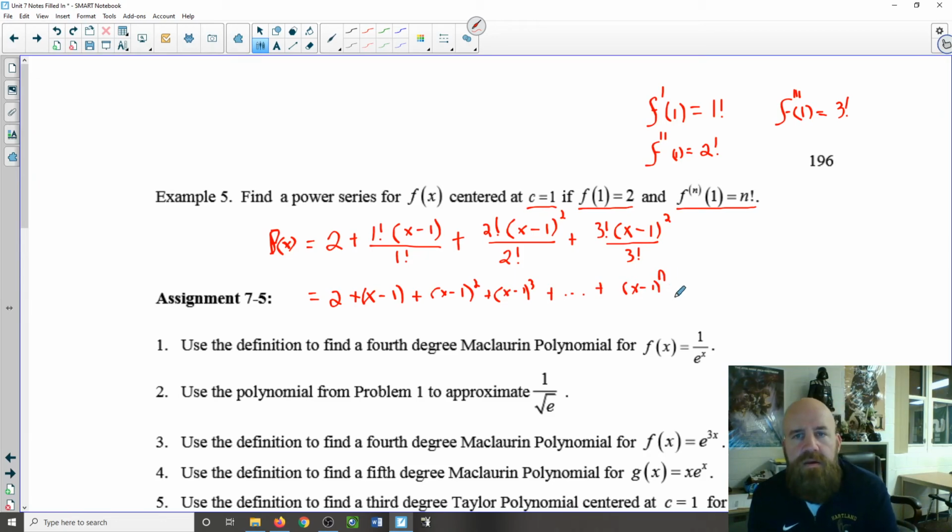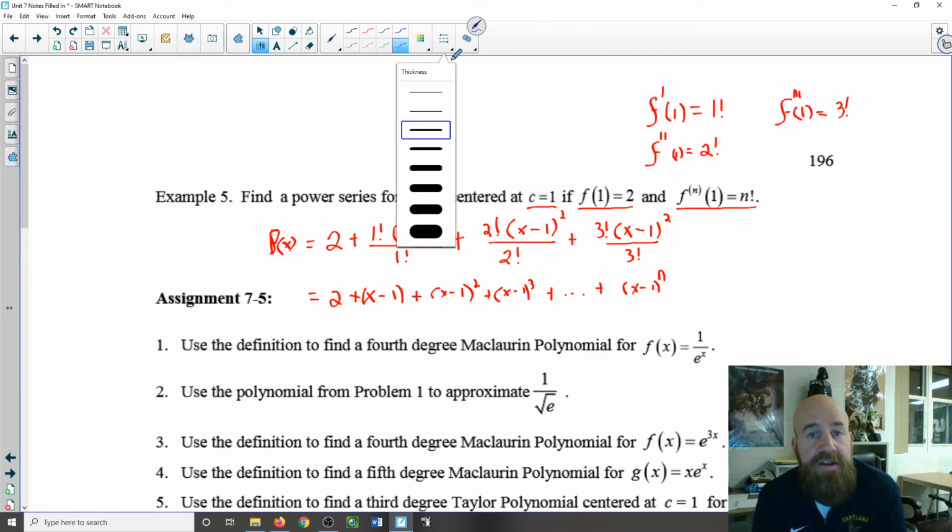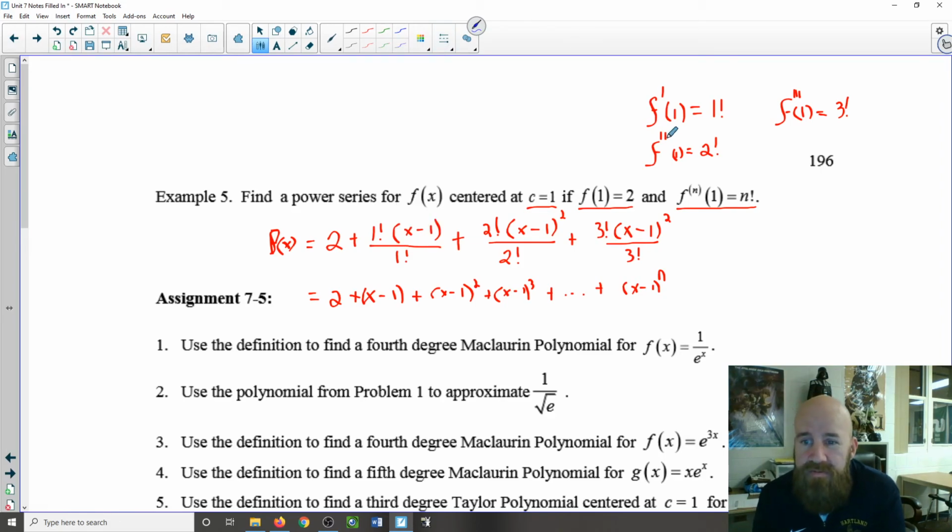Right. And then if we wanted to write summation notation, sigma notation, we go 2 plus, so our first term, plus our summation from n equals 1 to infinity of, I guess we don't need the fraction, because you could write the n factorial over n factorial, but those are just going to cancel.